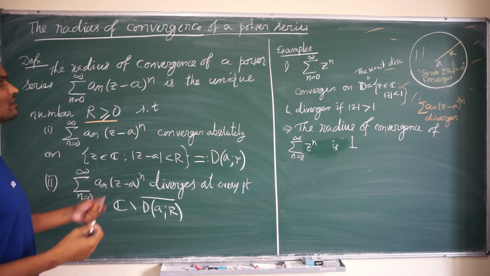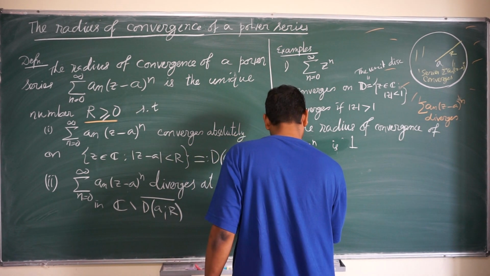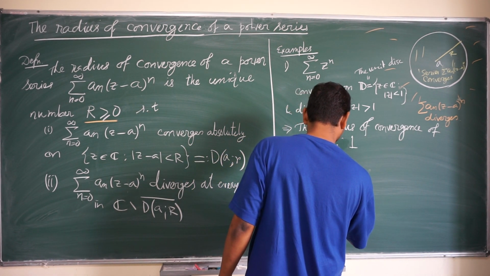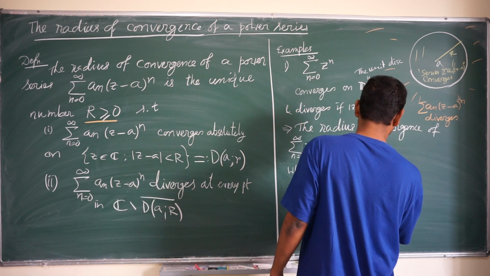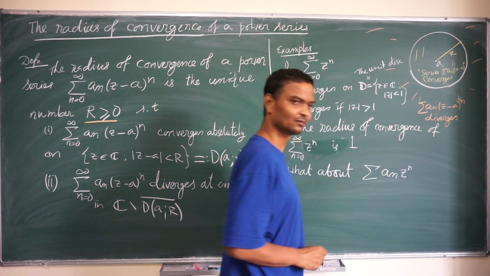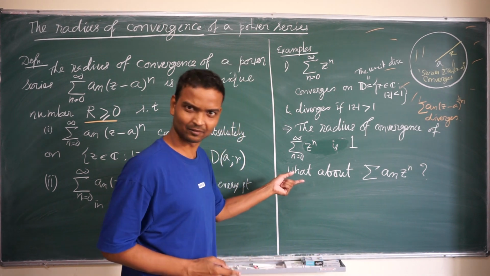Alright, what about the general series? So this example is very well known. So what about the general series summation a_n z to the power n? Well, that one also is done.